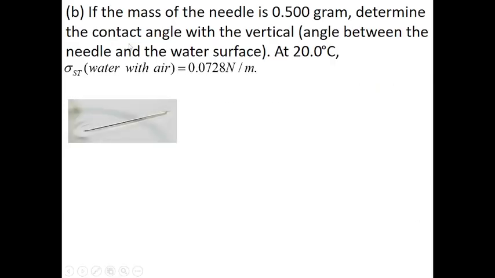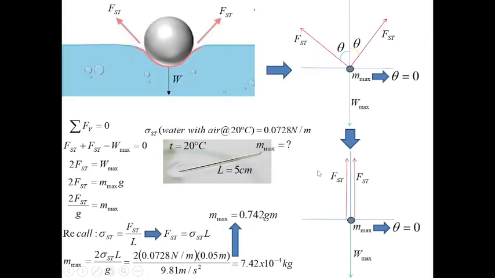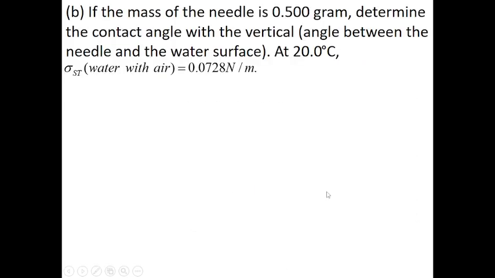So, part B, if the mass of the needle is 0.5 gram, that means it is lower than 0.742 gram. If it is only 0.5 gram, what are we looking for? What is the contact angle with the vertical? The angle between the needle and the water surface. Okay?